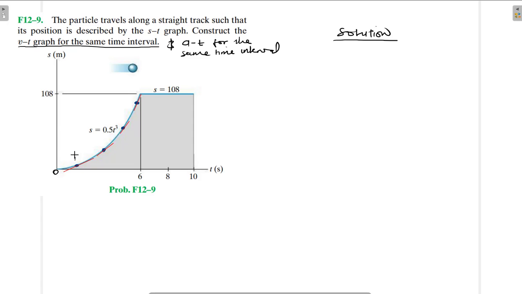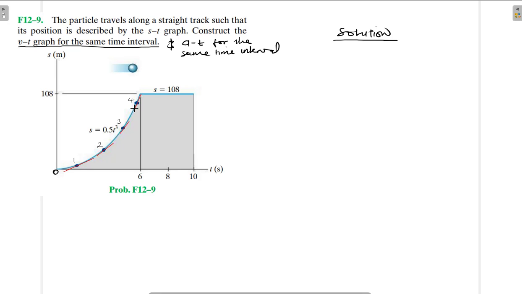If I label these lines 1, 2, 3, 4, what do you think is happening to these slopes? Slope number 1 is not as high as slope number 2.